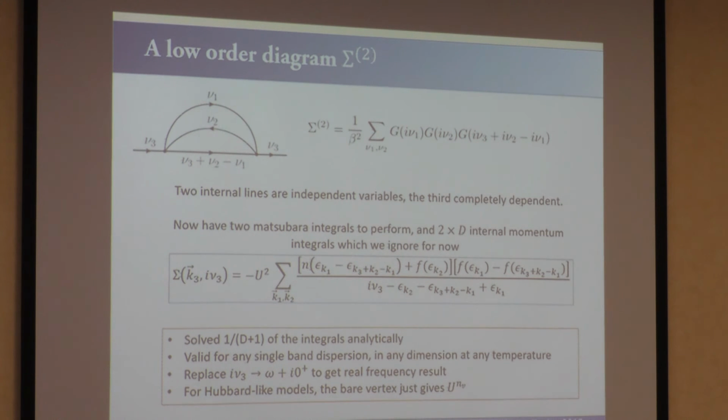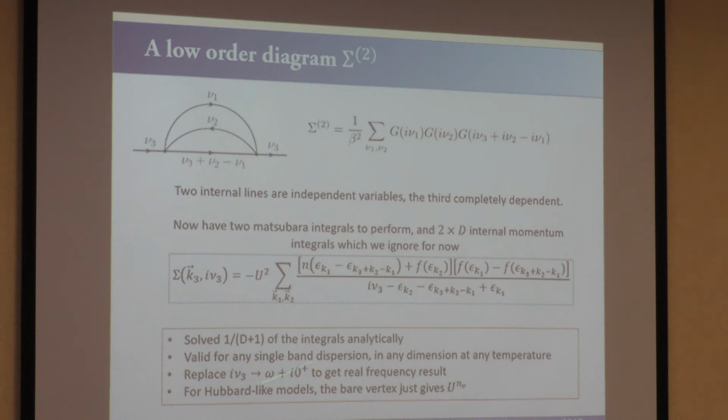And you can just go look this up, and you'll get an equation that looks like that. So instead of two terms, it happens to have four terms. Okay? In that there are four, you multiply the numerators out, you'll get four multiplications of Fermi and now bosonic functions. Okay? And when you've done this, again, you have solved a 1 over d plus 1 fraction of the integrals analytically. It's valid for any single band dispersion, in any dimensionality, at any temperature.